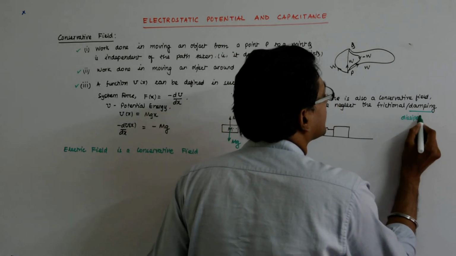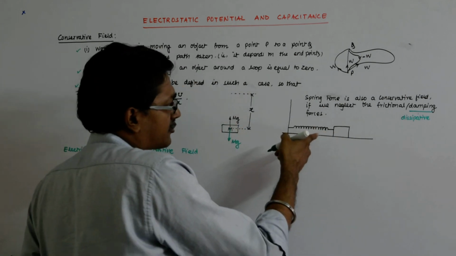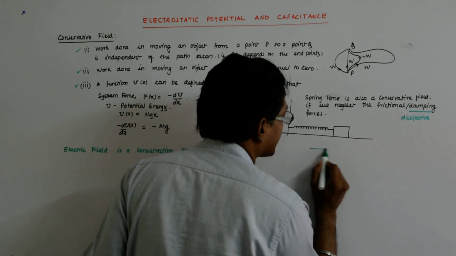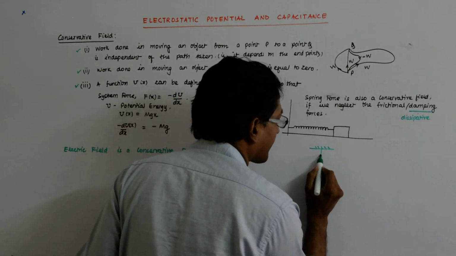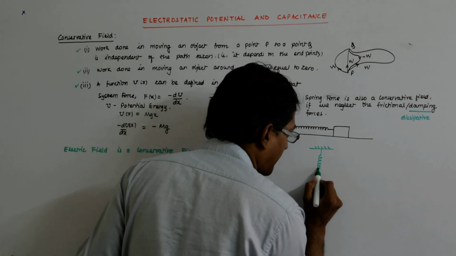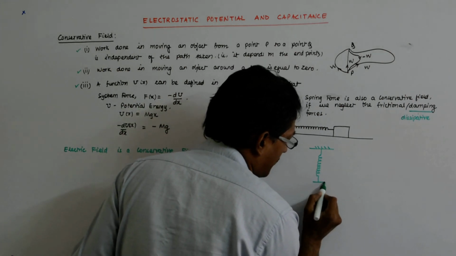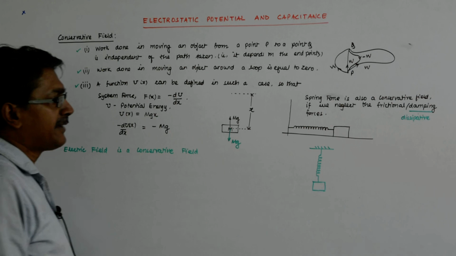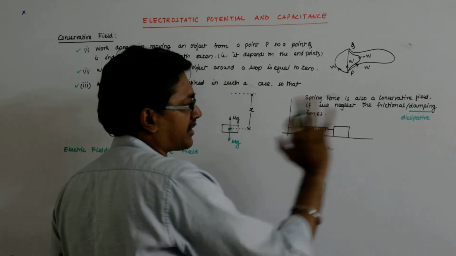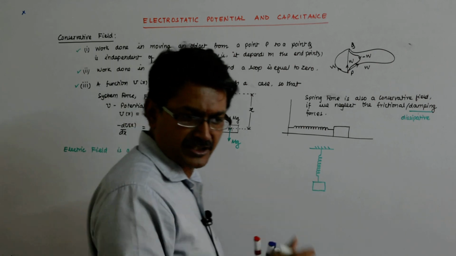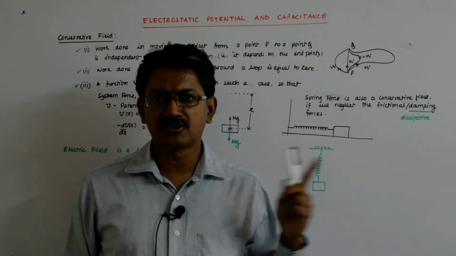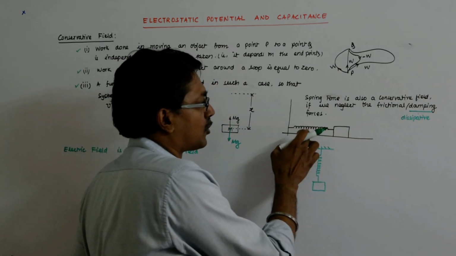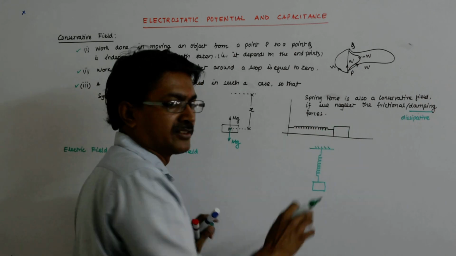For example, it is not always essential that the spring mass system moves like this. It could also be something like this, moving in air. Suppose I pull it here and leave it, what happens? If the surface is frictionless, it keeps on going back and forth about the mean position and it will not stop. The work it does in going from this extreme to that and back to this will be zero.